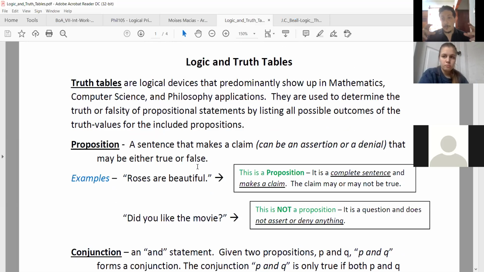When you compute the values of the premises with these truth table devices, if the argument is valid, you're going to be able to see that if the premises are true, then necessarily the conclusion must have the value true.